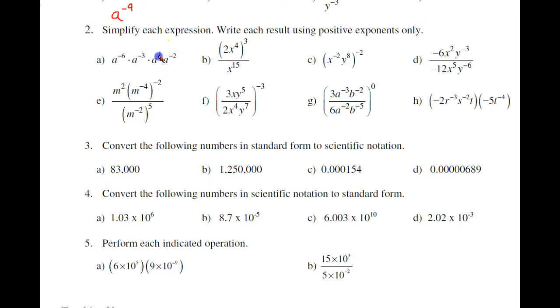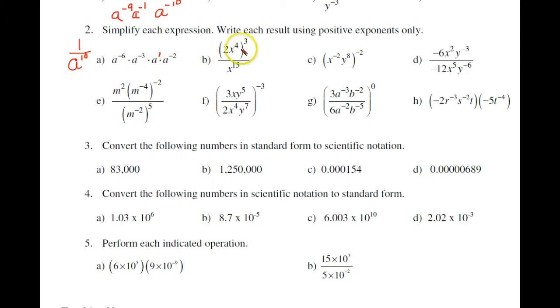And remember there's a 1 there. So this becomes a to the -1, which is a to the -10, which then becomes 1 over a to the 10th. Now there may be other ways to do this, but that's the way I did it.